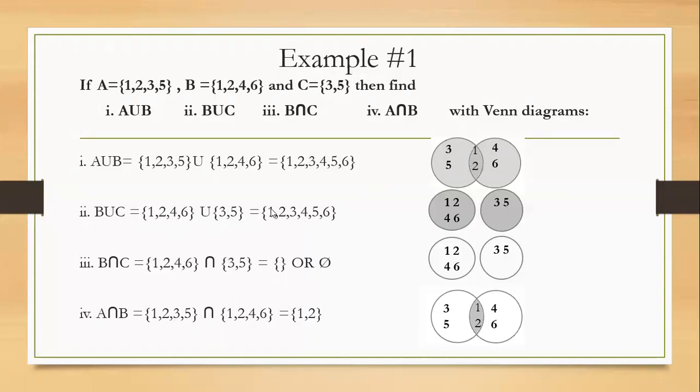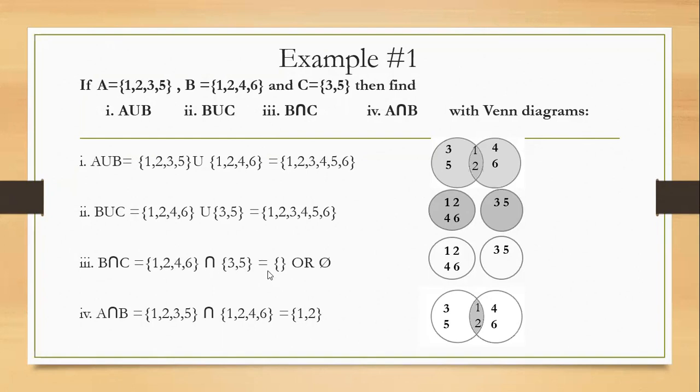Step number 2 is shading, and shading depends upon the answer. That means you have to shade the answer only. Now B intersection C. Both Venn diagrams are the same. The difference is in the shading. Here in B intersection C, you can see that nothing is common.